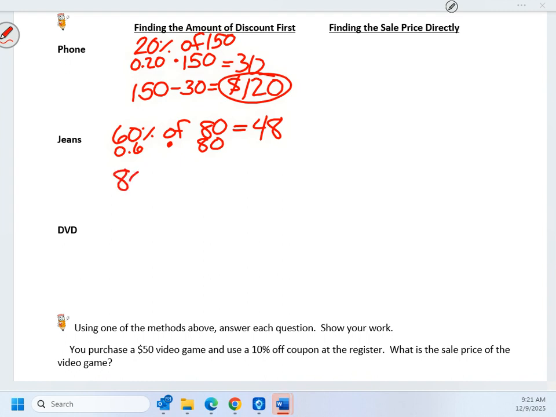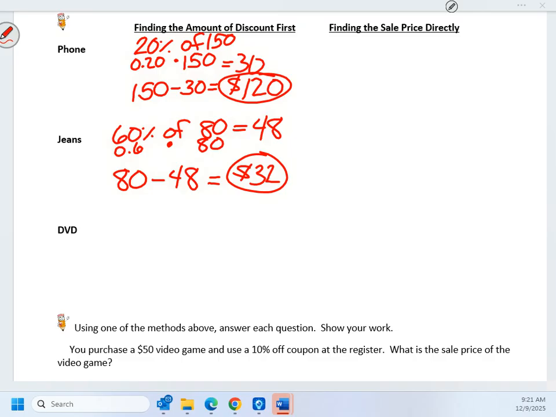Those jeans cost $80, and we get to take off 48, and we end with $32. So an $80 pair of jeans that we get for $32. Is that a good deal? It really is. Okay, those pricey jeans that you really want to get all of a sudden became very affordable.